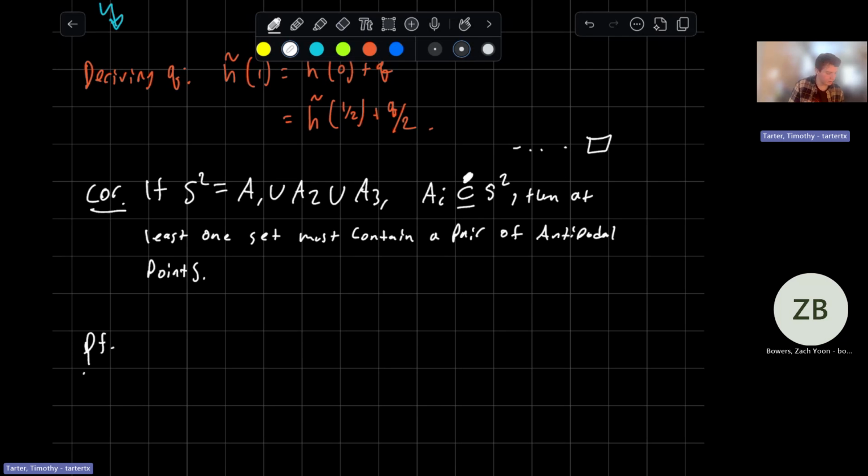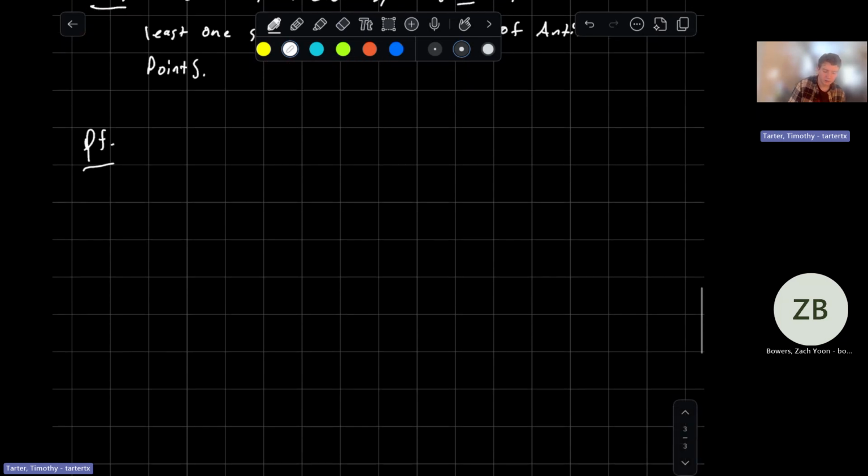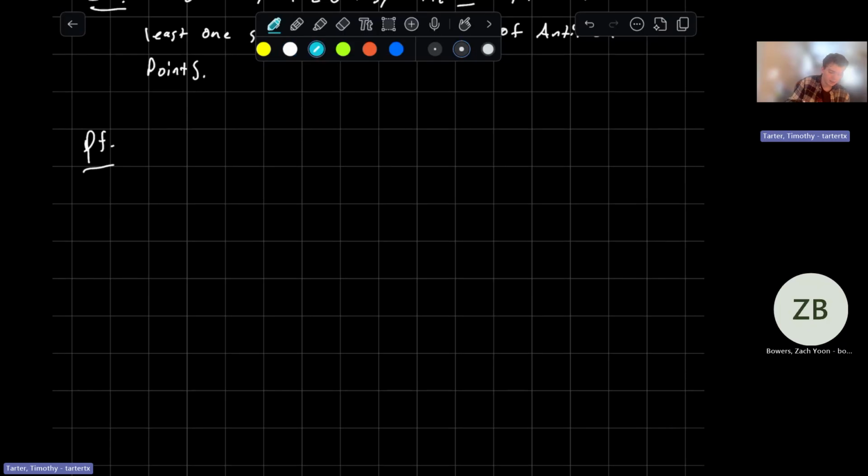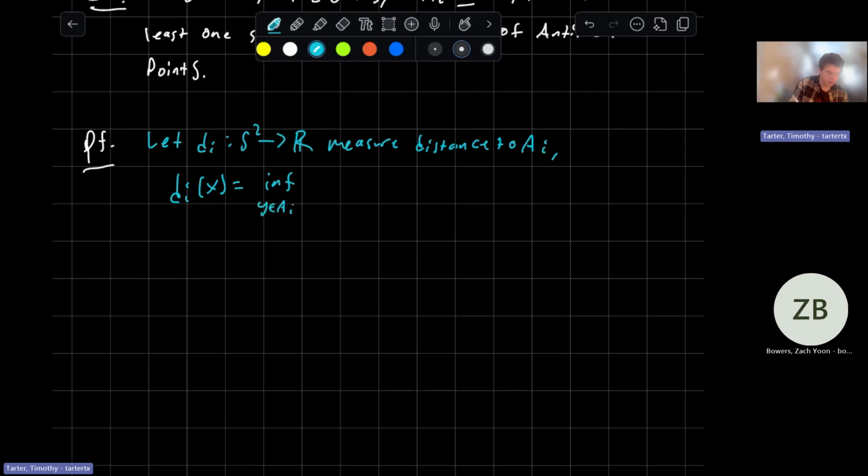And so Hatcher starts by metrizing this. So let di from S2 to R measure distance to Ai, i.e. di of x is equal to the infimum over y in Ai of the distance between x and y.